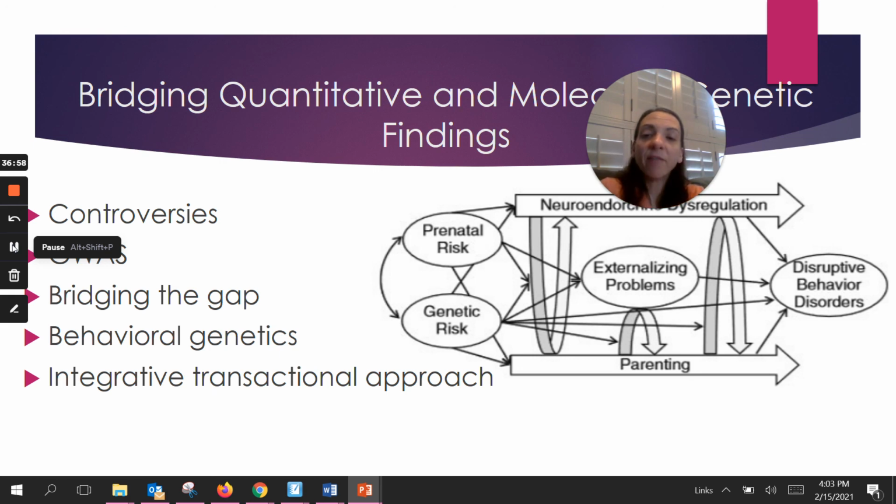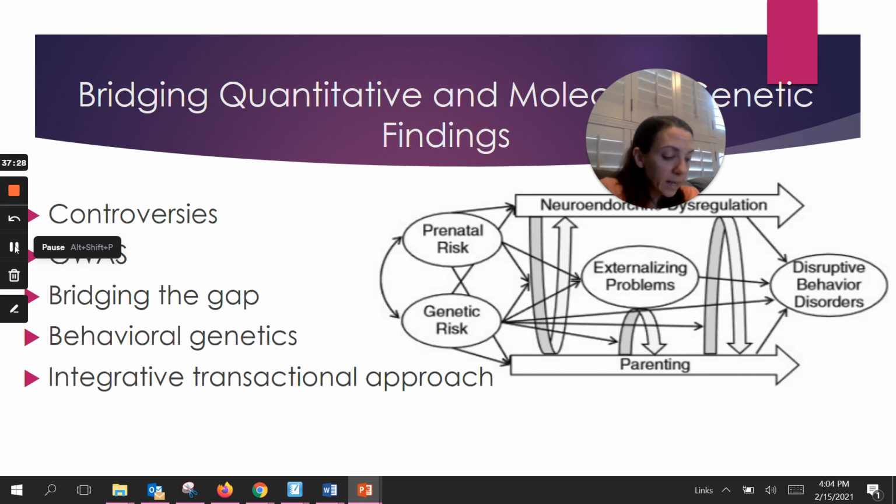And then we have to have an integrative transactional approach. So we have to look at all these factors that you see in this picture here. Genetic risk, influencing prenatal risk, neuroendocrine dysregulation. When they talk about neuroendocrine dysregulation, they're talking about our hypothalamus pituitary adrenal system, and this is what releases cortisol in relation to stress.